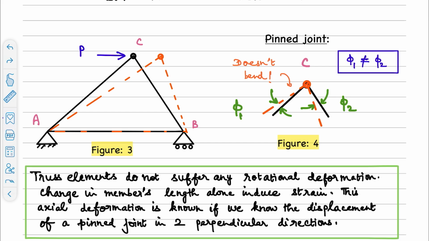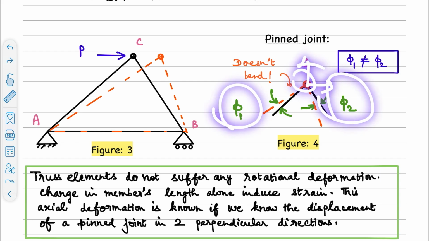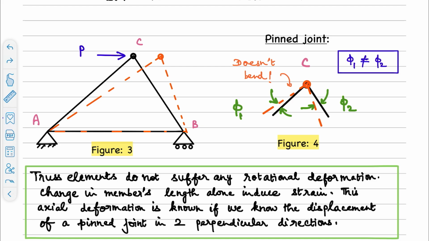And another important point is each member connected to a pin joint is free to rotate at this joint and doesn't bend. So we can say truss elements do not suffer any rotational deformation. And these rotations are due to joint displacements at a pin joint. So if we know the joint displacements at a pin joint, we can also determine these rotations, but they are not of any relevance.